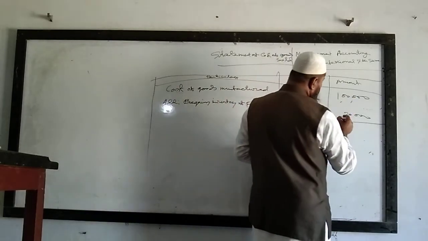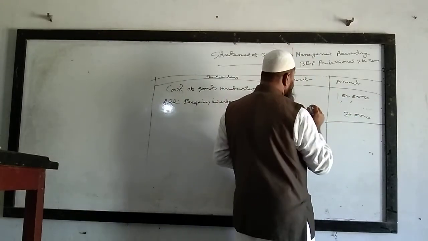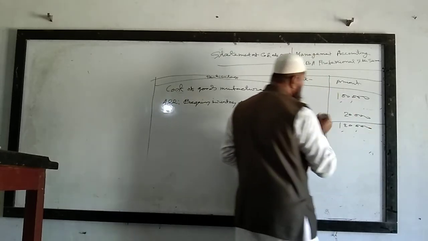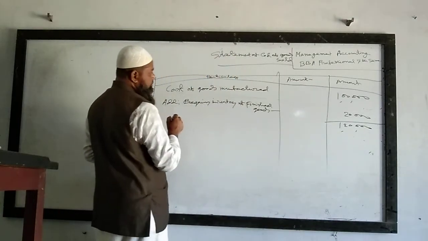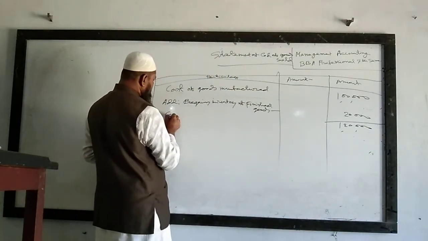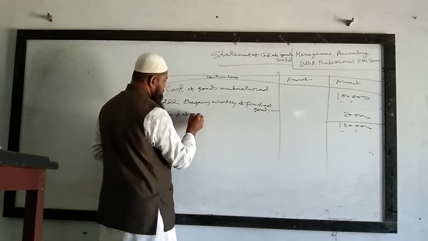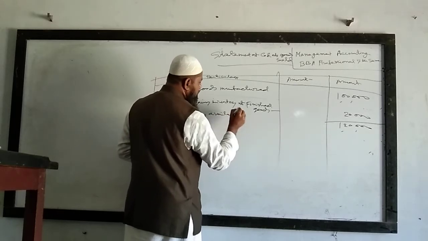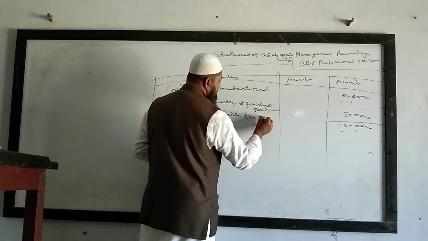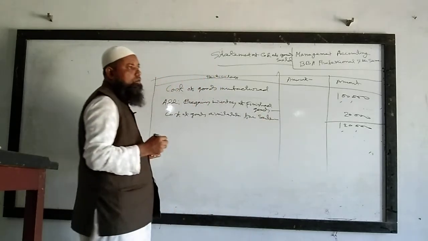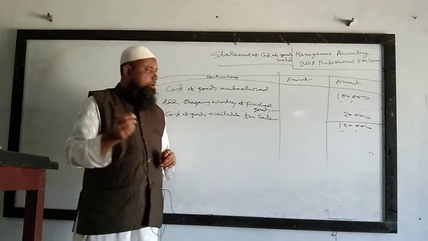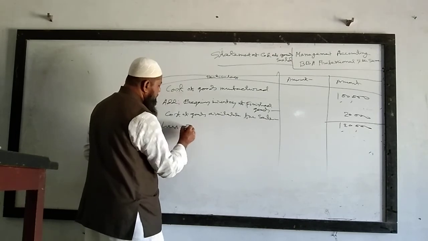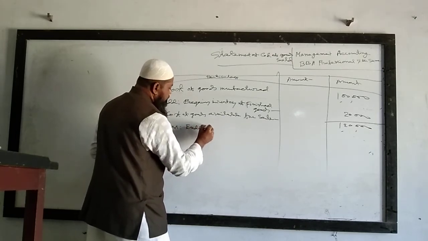20,000 added with cost of goods manufactured 1 lakh, then we get 1,20,000, that is called cost of goods available for sale, that is ready for sale, less ending inventory.